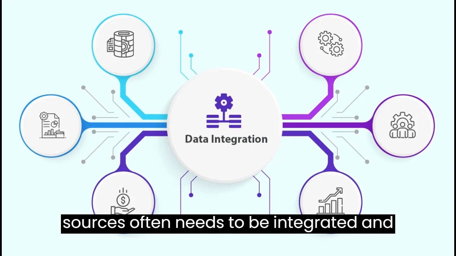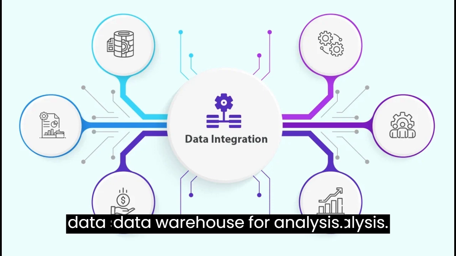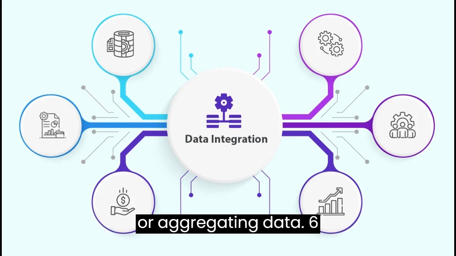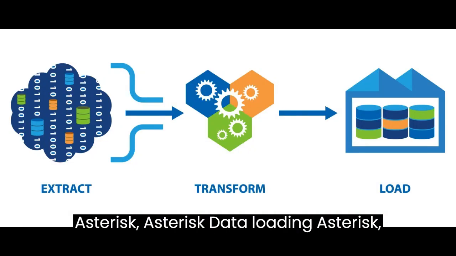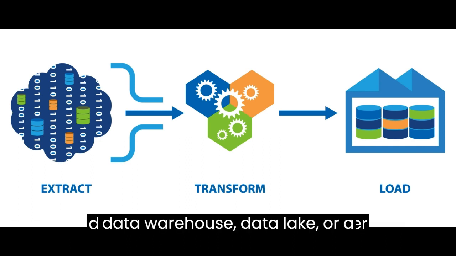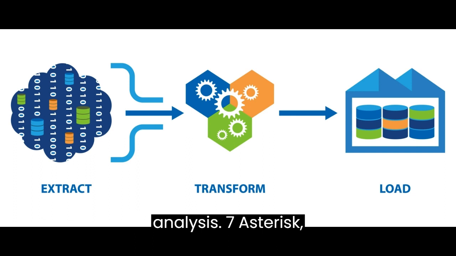Data from different sources often needs to be integrated and consolidated into a single dataset or data warehouse for analysis. Integration may involve merging, joining, or aggregating data. 6. Data loading. Once the data is prepared, it's loaded into a storage system such as a data warehouse, data lake, or a database for further processing and analysis.